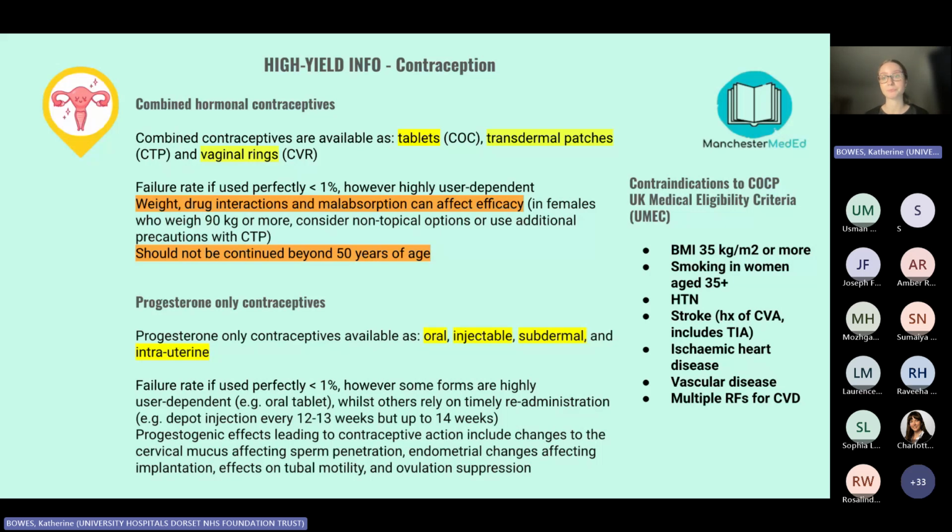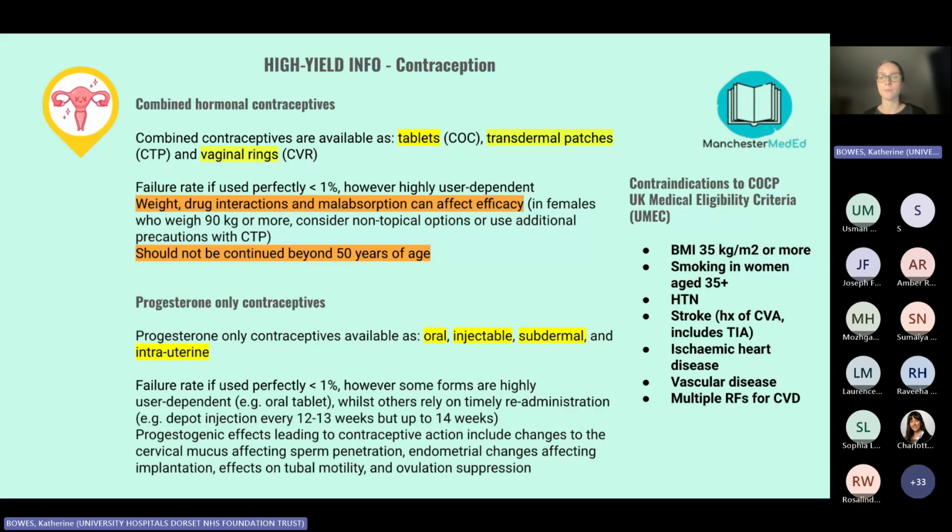In terms of contraindications to be aware of, you're basing this off the UKMEC criteria, and unfortunately the BNF doesn't have a wonderful section on contraception. So I would suggest learning these if I were you.